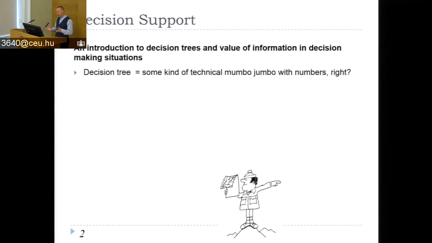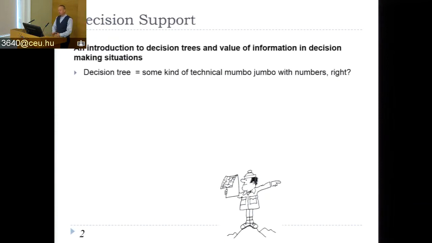But hopefully, by the end of this presentation, it will be clear that it's not technical mumbo-jumbo. It's something really useful, and it's not just for people with quantitative and technical approaches. This is something that can be used at all management levels for management support.